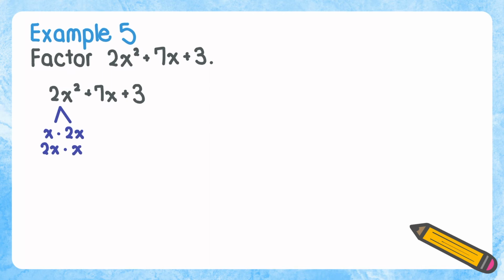Same thing, just written the other way around. Then the 3 breaks down into either 1 times 3 or 3 times 1. And remember, when I'm trying out different combinations, I want to focus on obtaining the 7x. So let me write out the general form.